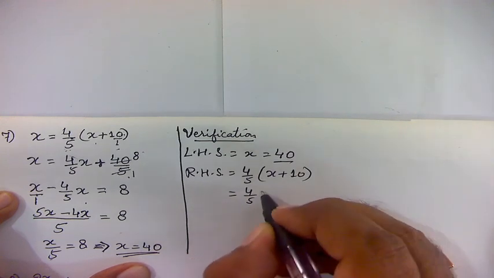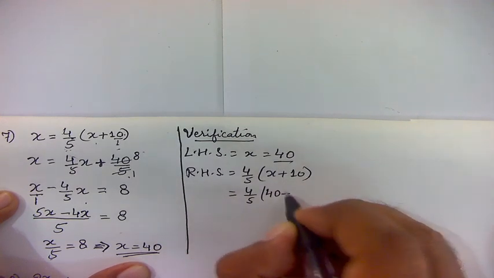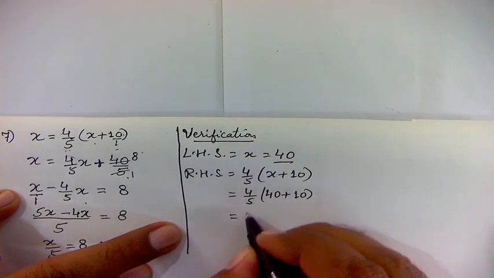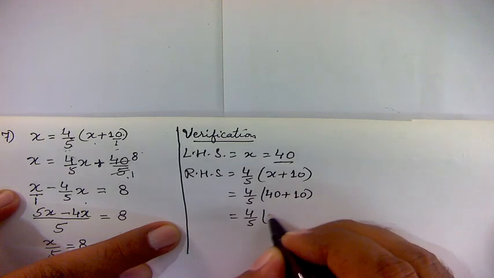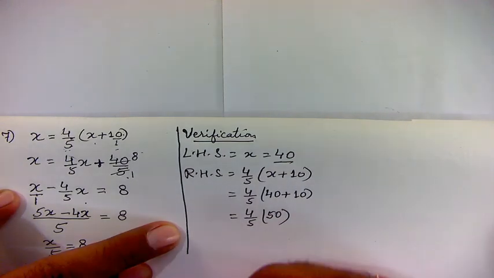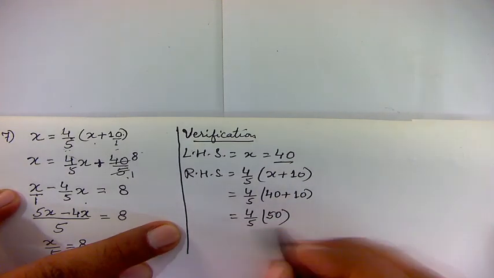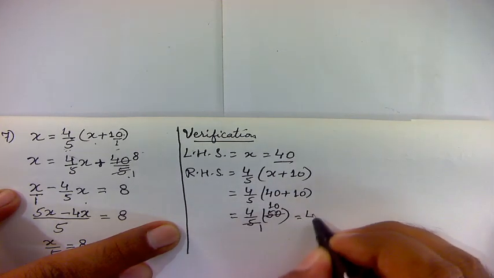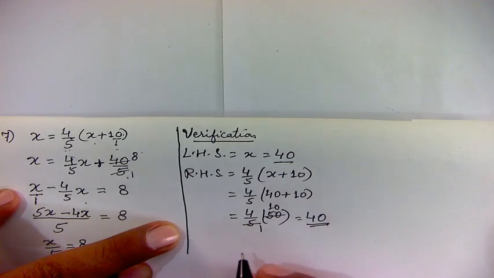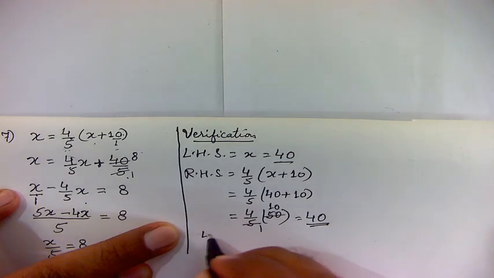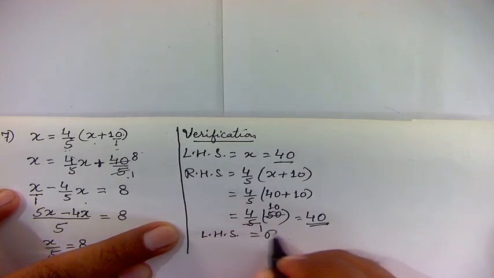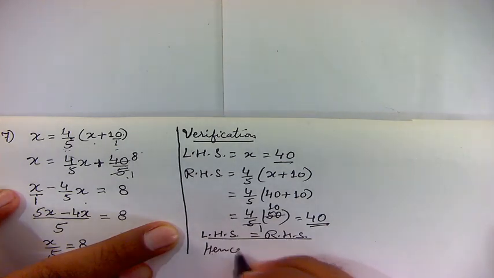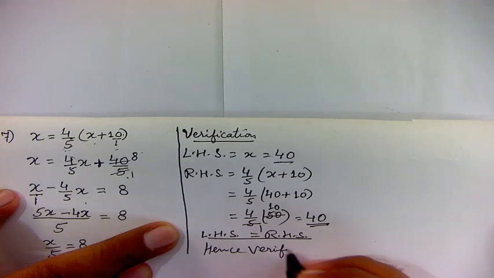So this is 4 upon 5 multiplied by (40 plus 10), which is 4 upon 5 multiplied by 50. And this 5 and 10 will be simplified, which gives you 40 on the right hand side also. So hence the left hand side is equal to the right hand side and the result is verified.